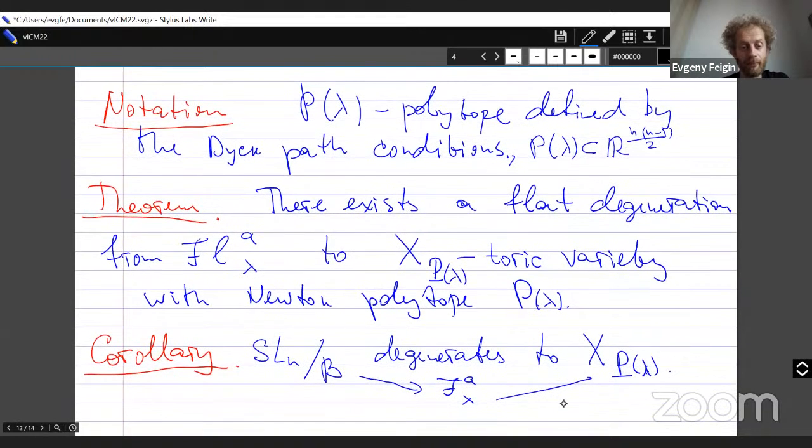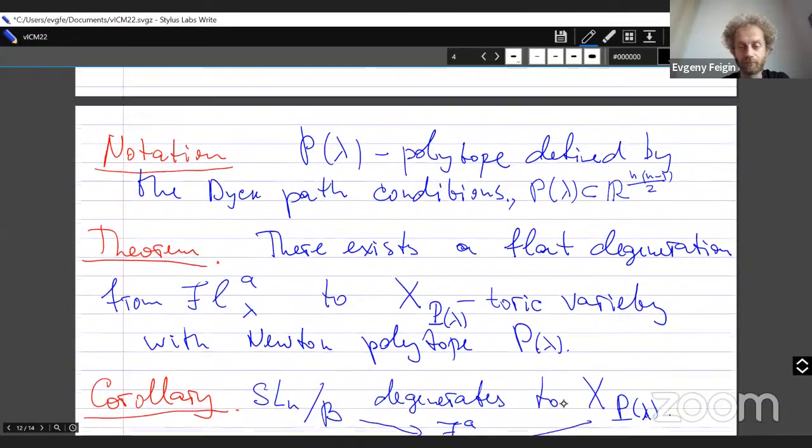So let me introduce a notation. I want P lambda to be a polytope defined by the Dyck path conditions. So P lambda is a subset in R to the power n times n minus 1 over 2.